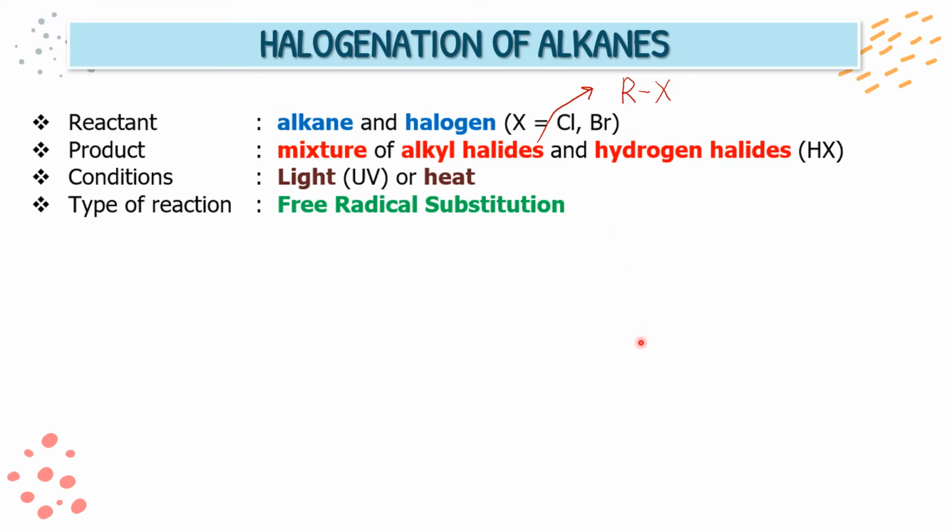Now, what is important that you must know is how to write the chemical equation. So, you need to know how to write down the product or how to identify the product.